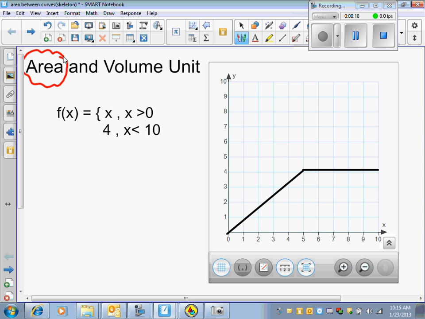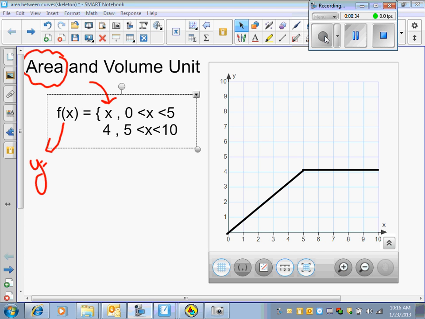This is a piecewise function. It says f of x, which we know f of x is another name for y, is equal to x for values that are greater than 0. All right, had to make a small change here.